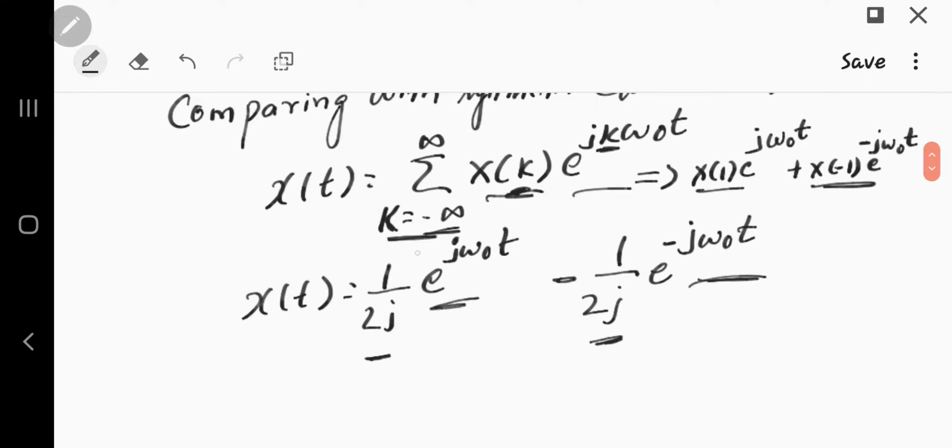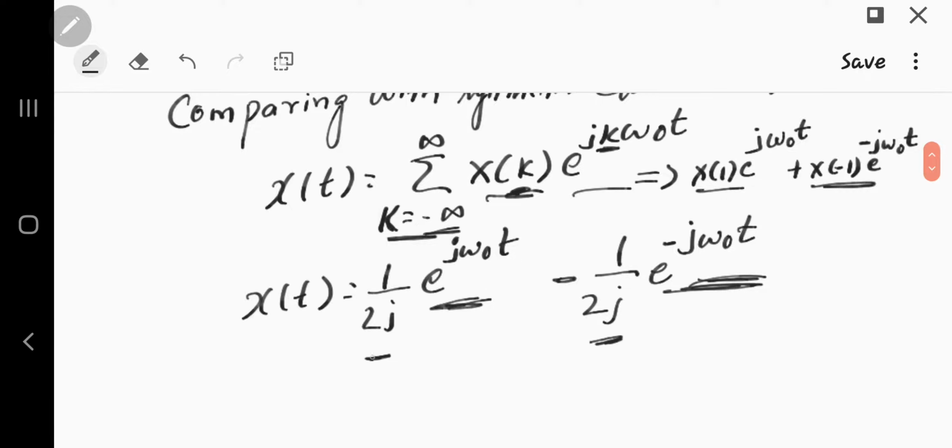Apart from minus infinity to plus infinity, the value of k is present only for plus 1 and minus 1. If I put minus 1, I'll get x of minus 1 e power minus j omega naught t. If I put k equal to 1, I'll get x of 1 e power j omega naught t. Now if you compare these two with the given x of t, e power j omega naught t is the same.